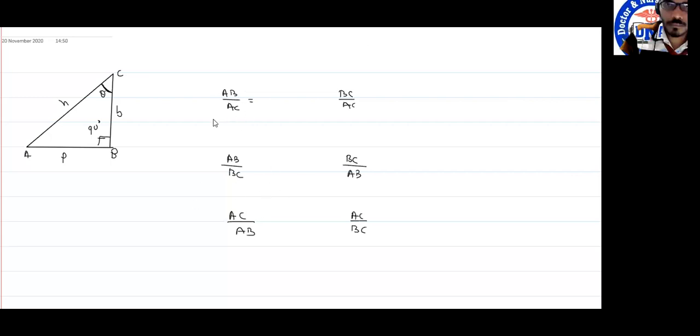So AB by AC means perpendicular by hypotenuse. The name of this ratio is sine theta. In the same manner, base by hypotenuse is called cos theta. Remember, the side in front of this angle is called perpendicular, the side along it is called the base, and the largest side is called the hypotenuse.